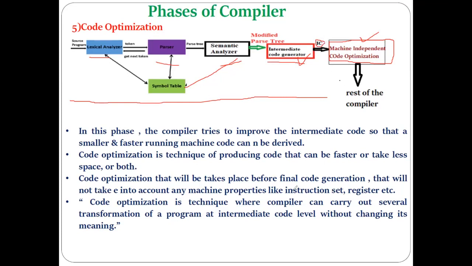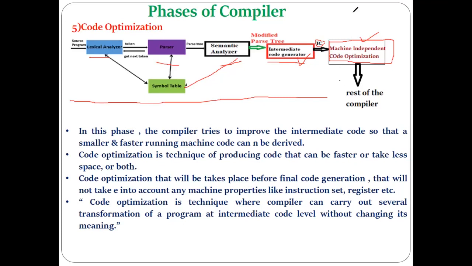Now what exactly happens in the machine independent code optimization phase? Whatever intermediate code is generated, only some changes are made in that intermediate code, and those changes have to be done without affecting the final result.